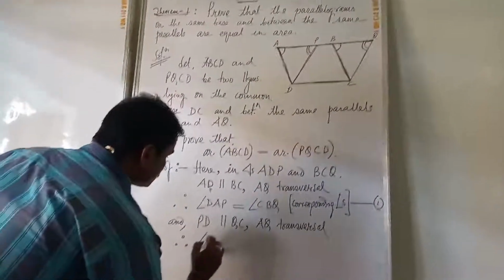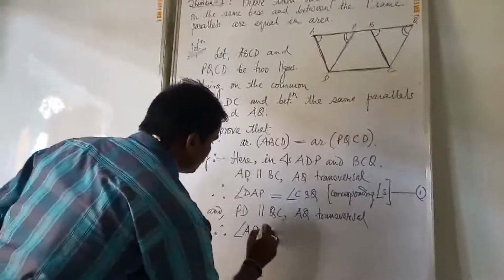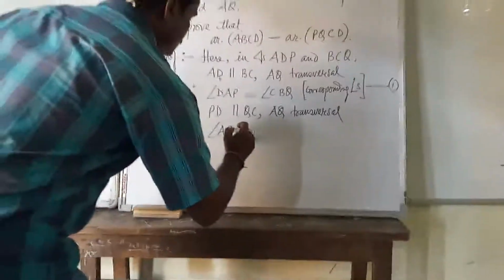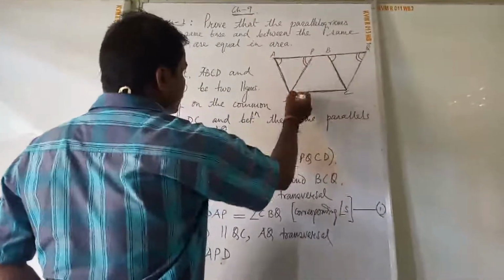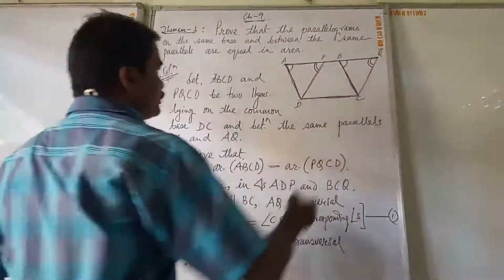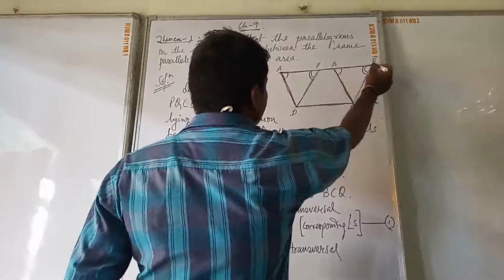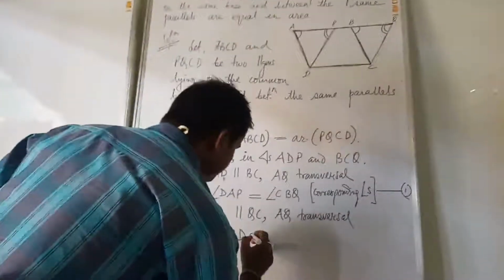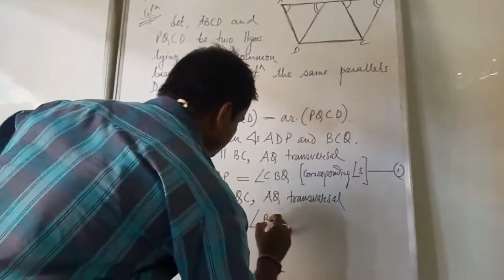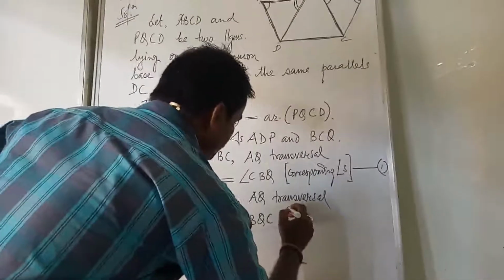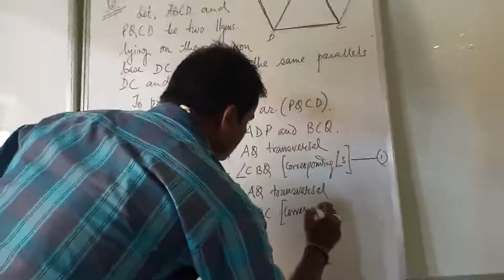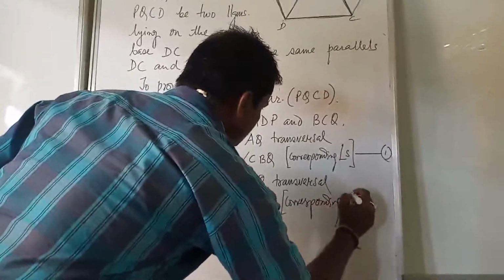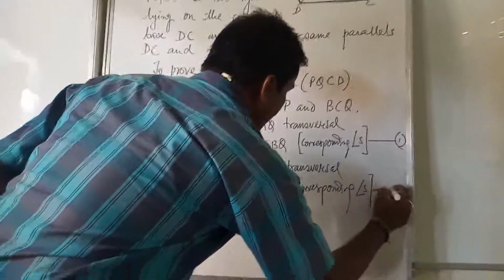Angle APD equal to angle BQC, the same corresponding angles. Let it be number 2.